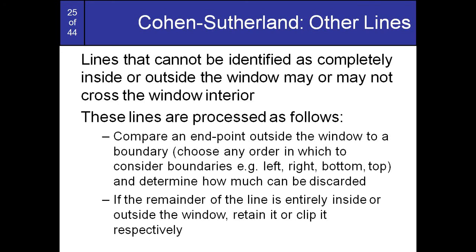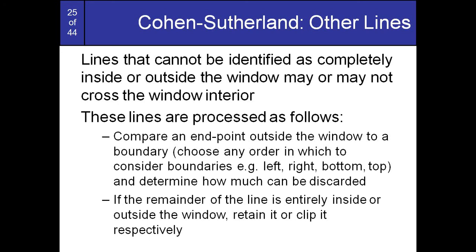So the lines that cannot be identified as completely inside or outside the window may or may not cross the window interior. This is the scenario when both the endpoints are outside the window. Those lines might be completely outside the window, or they might be going through the window portion. These lines are processed as follows.